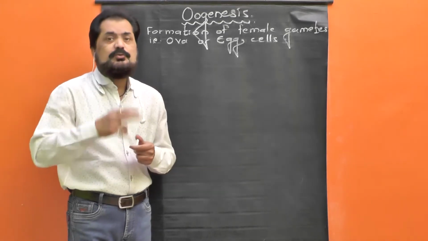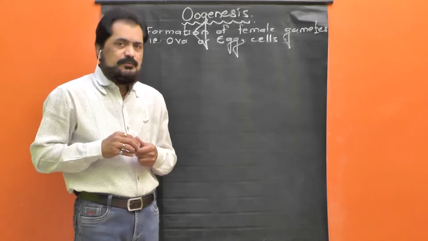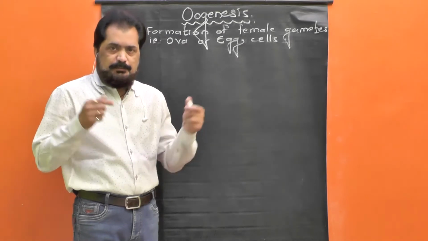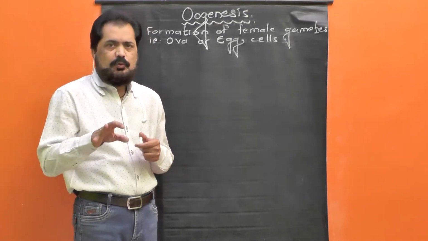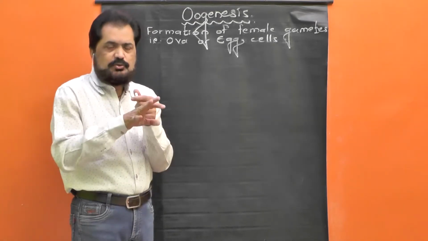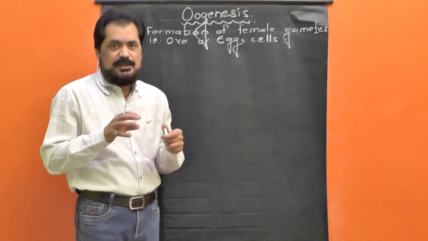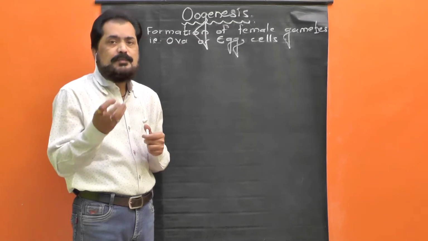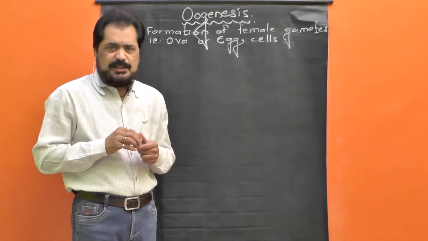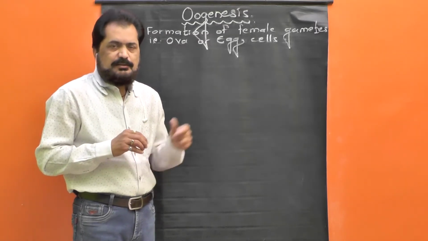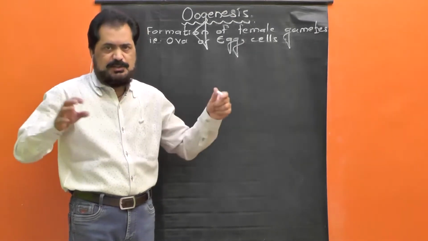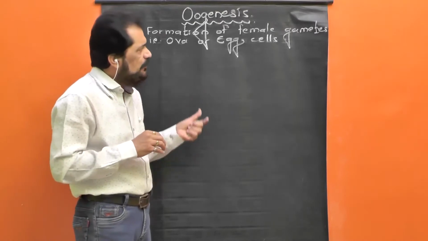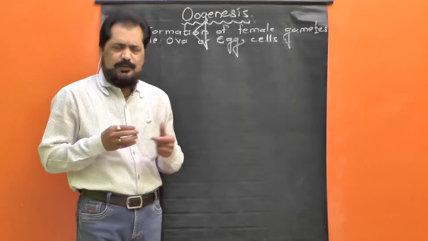Whenever the sperm penetrates the developing ovum, at that time the actual oogenesis gets finished and the actual ovum is formed. So we can say the process of oogenesis is very lengthy, and it is a highly wasteful process also.